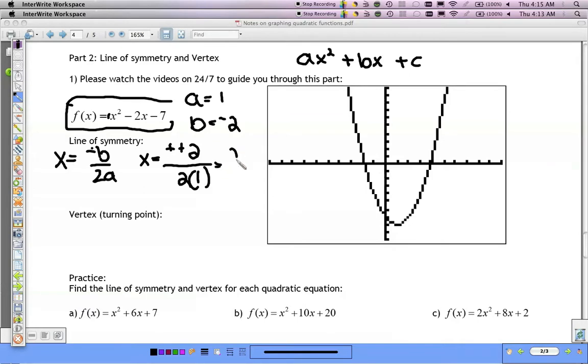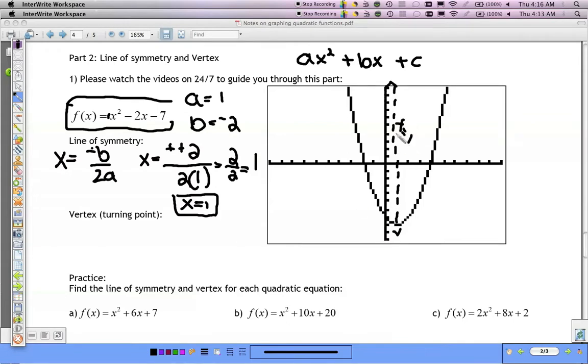So what we end up with is 2 over 2, or 1. So our line of symmetry is x equals 1. We want to go ahead and graph that in with a dashed line. There's no special reason it's a dashed line, but this is our line of symmetry, and we can write along the side of it x equals 1.